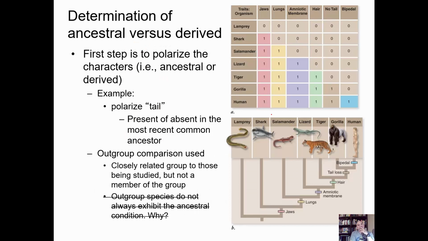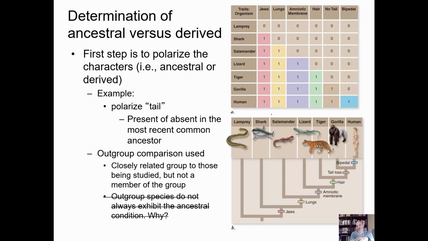So the first step in doing this analysis is you want to have some characters that can be analyzed that are relevant to the group. We've already talked about those for, in this example, the jaws all the way to having no tail and being bipedal. And we want to polarize them. Polarizing is where we determine whether these are going to be ancestral or derived in their nature.